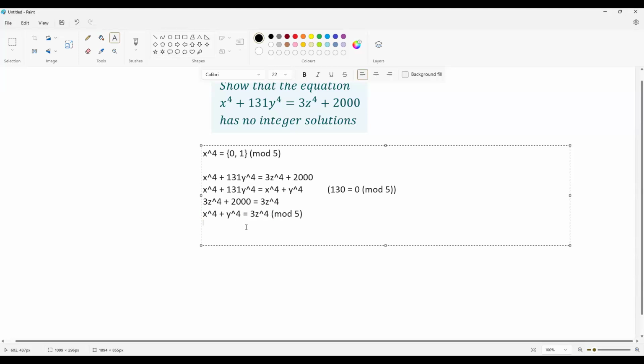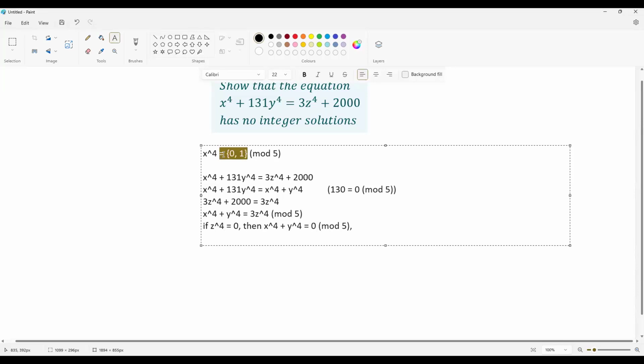Yeah. So let's see. If z to the 4 is congruent to 0, then x to the 4 plus y to the 4 is 0 mod 5.